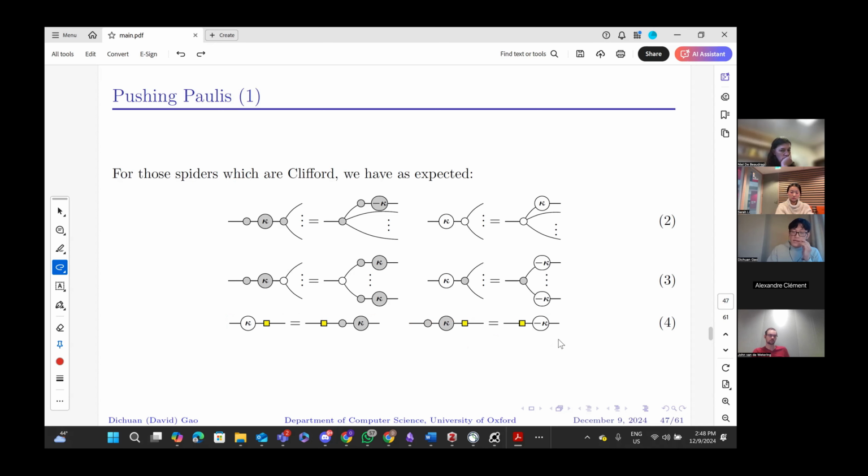Now, because we're working in the ZH calculus, we might also want to know how these Paulis interact with H spiders more in general. H spiders in general, of more than two legs, are not Cliffords, and so we wouldn't expect the Paulis to push through them.